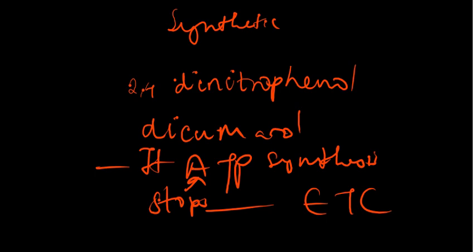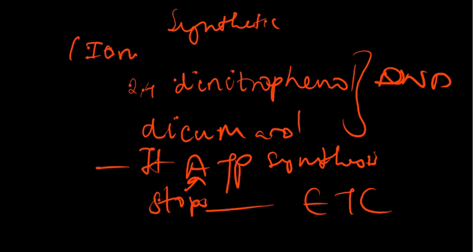So the DNP, which I'll just denote as DNP, and the other uncoupling agents are actually lipid soluble molecules that can bind hydrogen ions and transport them across the membrane, in what we call ionophores. Okay, this is what's happening.